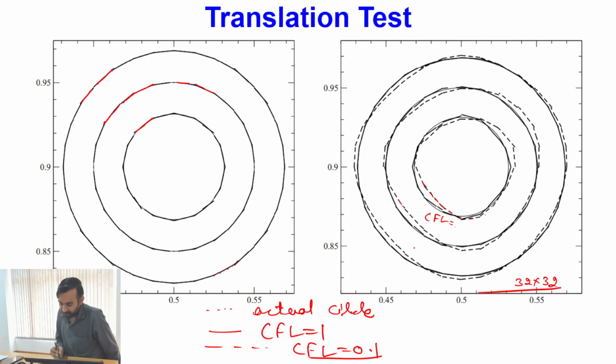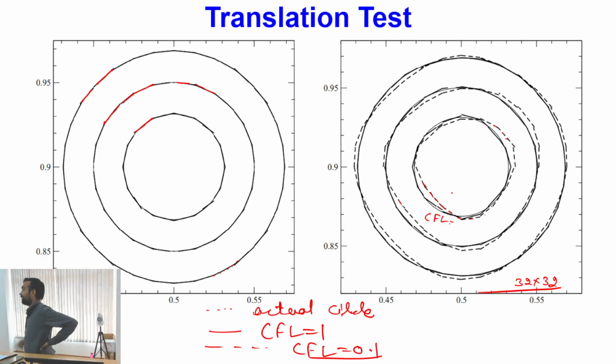But when the CFL number is 0.1, the lines deviate significantly from the actual circle. What could be the reason? From single phase flow CFD, our attempt is always that a smaller CFL gives a more stable solution. But in this scenario, with a smaller CFL number, our solution deviates much. What could be the reason?